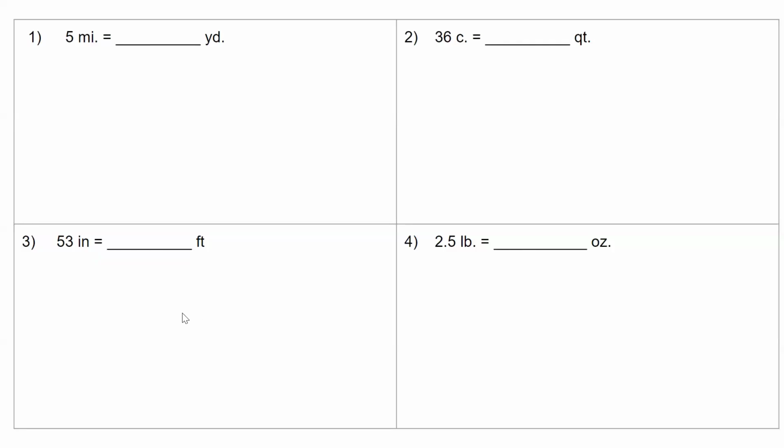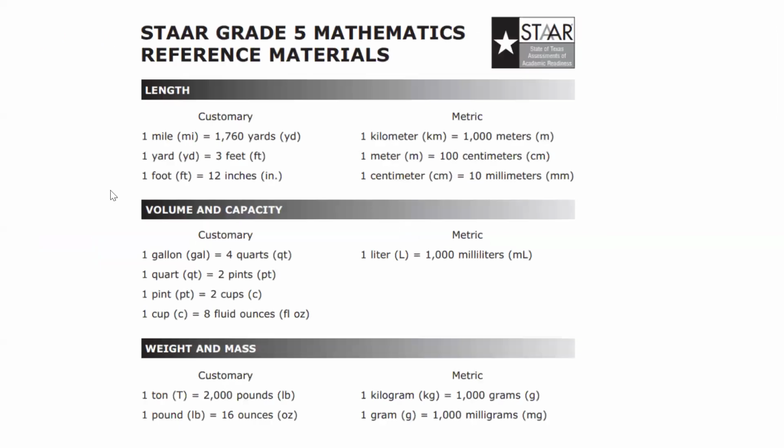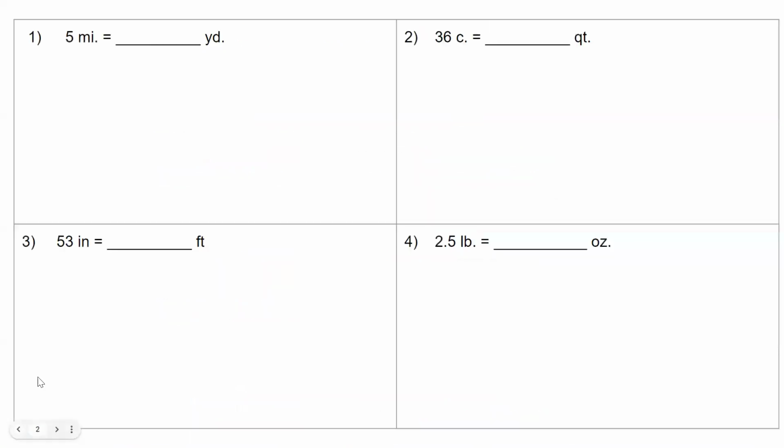So when I look at my first problem, 5 miles is how many yards? I'm looking on my conversion chart to see where miles and yards are. And right here is miles and yards together on the same line. So let's go back to the problem and do 5 miles equals how many yards?